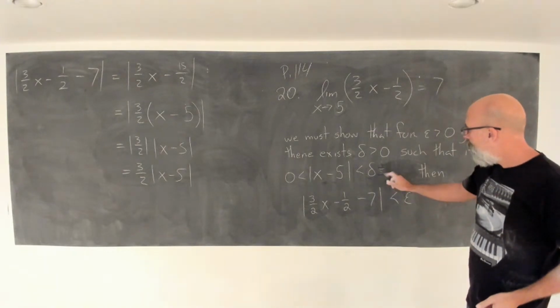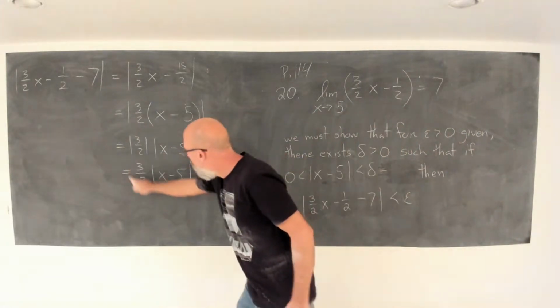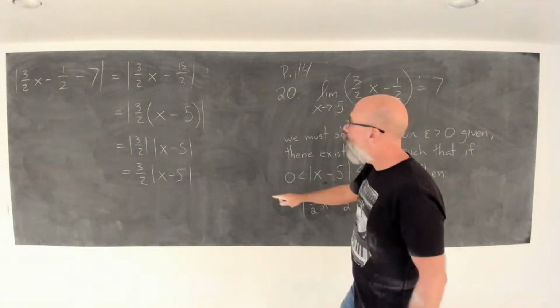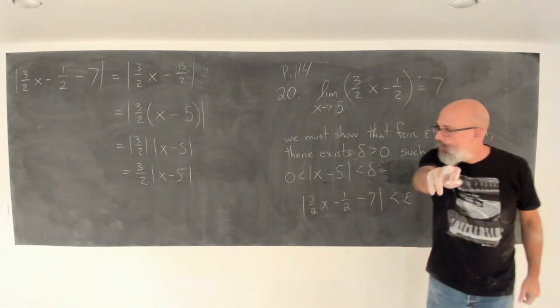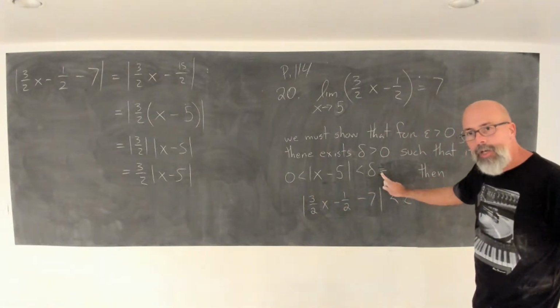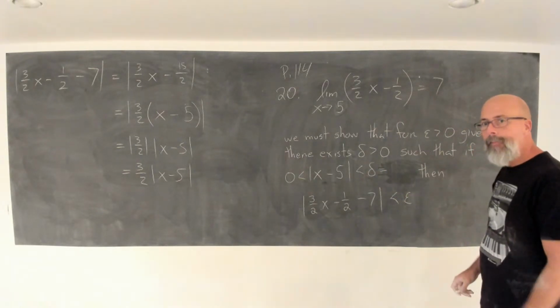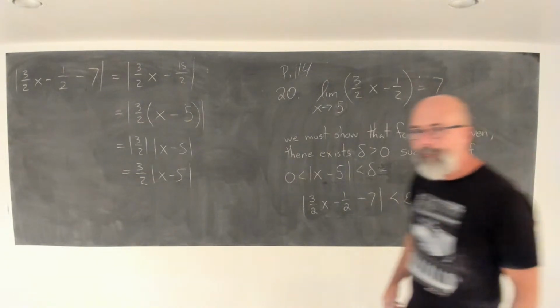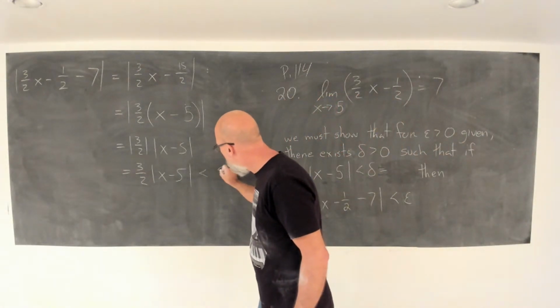Which delta? I want to make this whole thing, which is really this, less than epsilon. I'm going to choose delta to be... We want to make this less than epsilon.